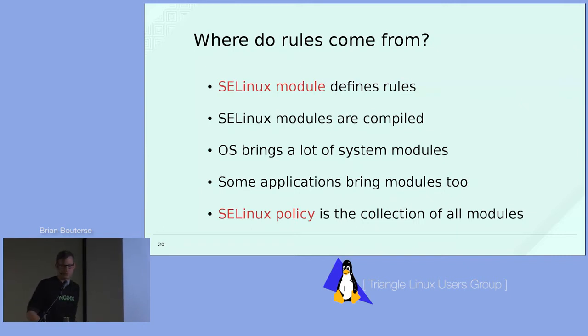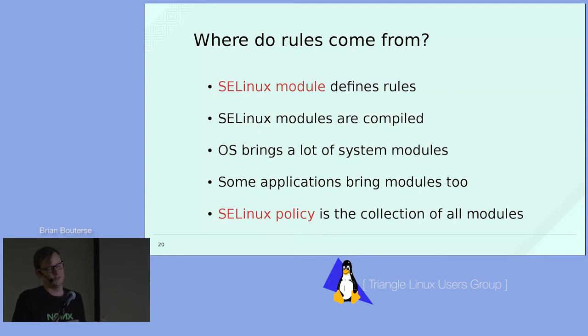All right, so where do these rules come from? They come from SELinux modules, and each module defines a collection of rules. These SELinux modules are compiled. SELinux, since it works down in the kernel, compiles the rules and loads them into the LSM module. I guess M is for module.